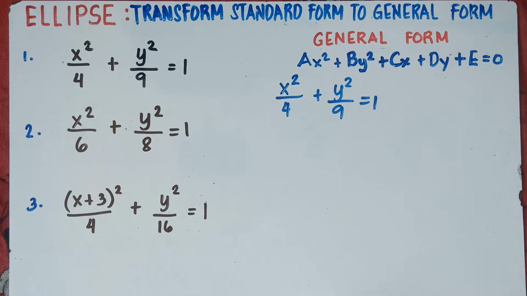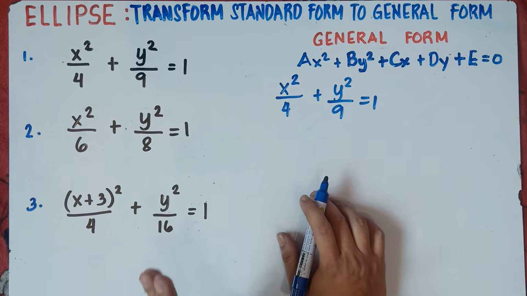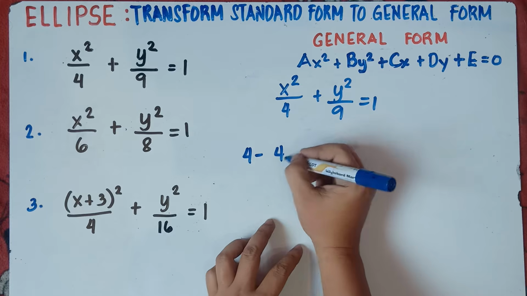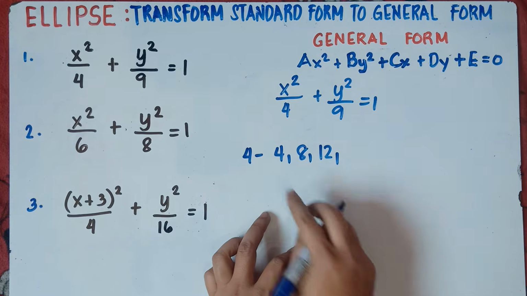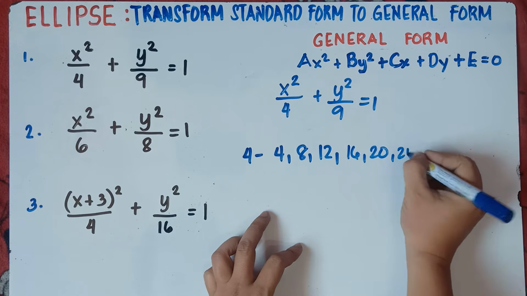To remove the denominators, you need to find the LCM, the least common multiple. Do you still remember, class, during your elementary years, if the teacher asked you to find the multiples of 4, you did it this way: 4 times 1 is 4, 4 times 2 is 8, 4 times 3 is 12, then 16, 20, 24, and so on.